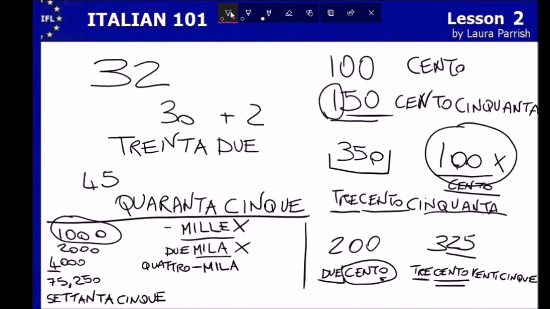Then here is 1,000, 75,000, so it's plural, you add mila. 75.000. Then here is hundreds. 75.200, because singular or plural is always cento, we saw that it doesn't change. 75.200, and the last part is 50. 75.250.